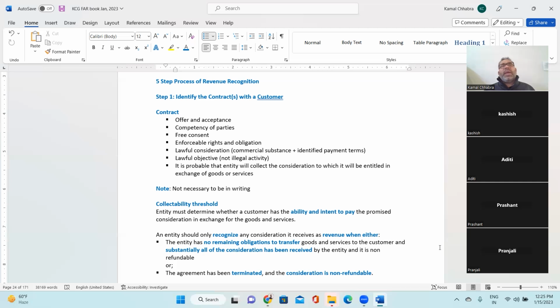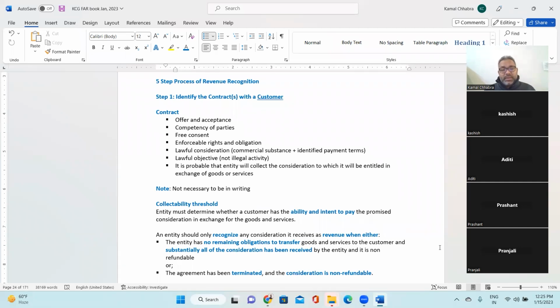So once we entered into this agreement, I gave an advance to Prashant, and Prashant has to develop the designing part and show it to me for approval. So I have an enforceable right. Once I paid the advance to Prashant, I have an enforceable right to be shown the design within 30 days, which we have agreed, and Prashant has the obligation to do that.